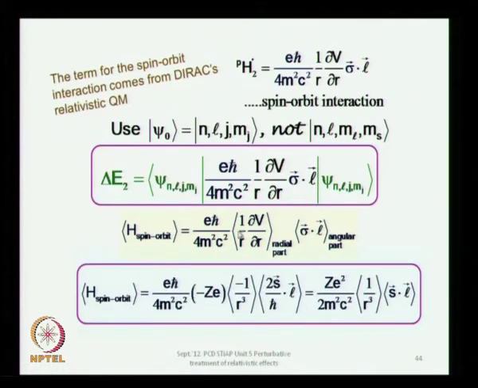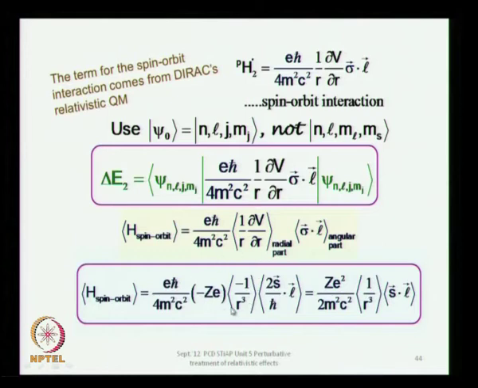So, for this radial integration dV by dr, you know V goes as 1 over r. So, from dV by dr you will get 1 over r square. So, you need minus 1 over r cube over here, minus Ze over r square.